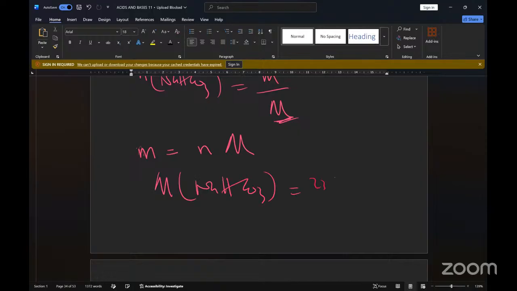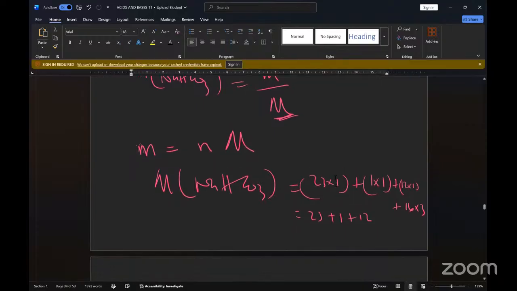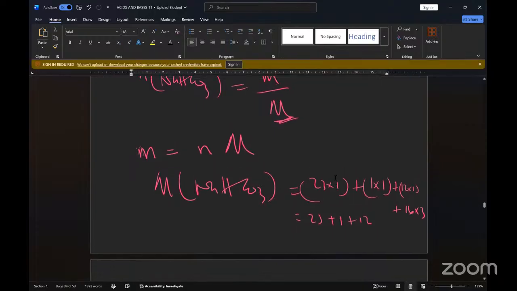So the molar mass of sodium hydrogen carbonate is equal to 23 times 1, plus 1 times 1 for hydrogen, plus 12 times 1, plus 16 times 3. So this gives you 23 plus 1 plus 12, and 16 times 3 is 48.